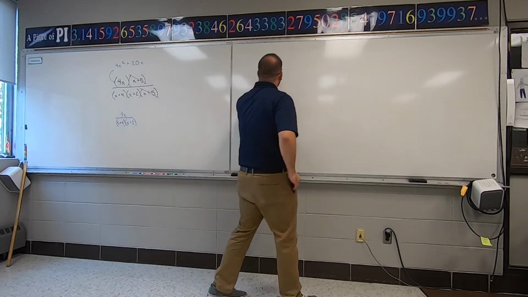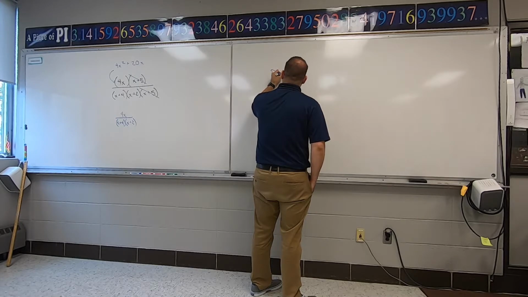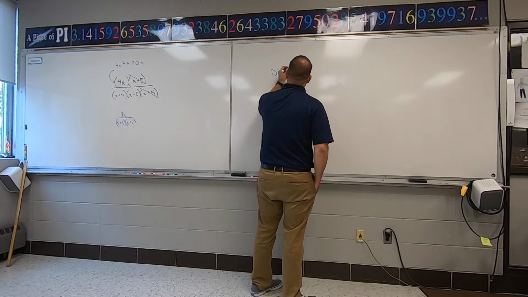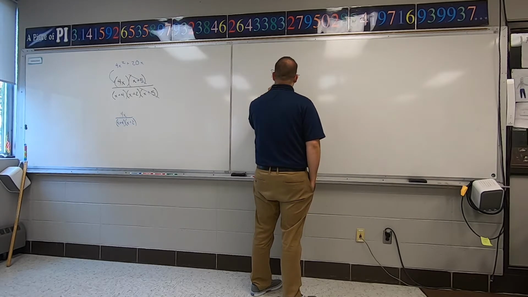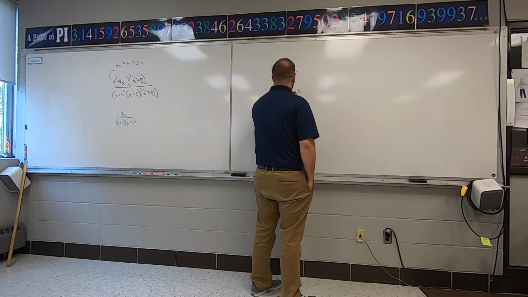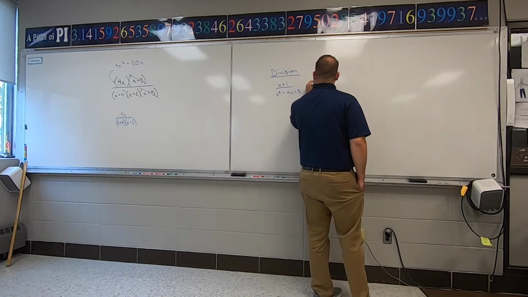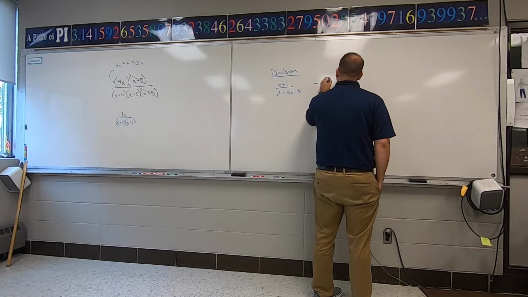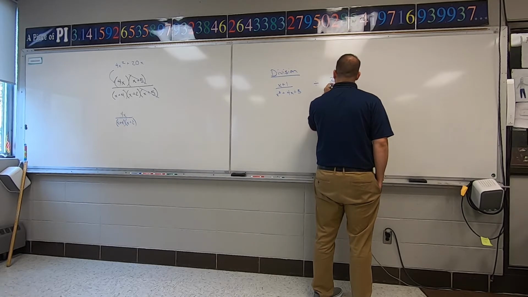So let's do one more example. We're gonna do a division problem with rational expressions. Let's go with x plus 1 over x squared plus 4x plus 3, and we're going to divide by 2x over x squared minus 9.